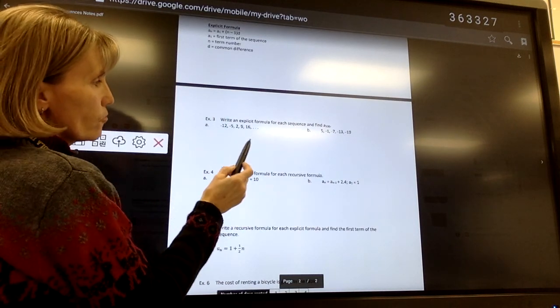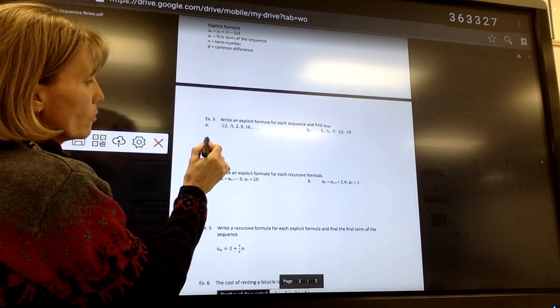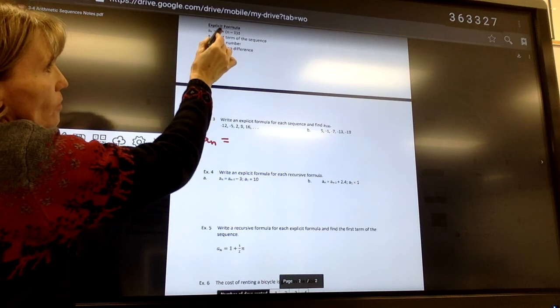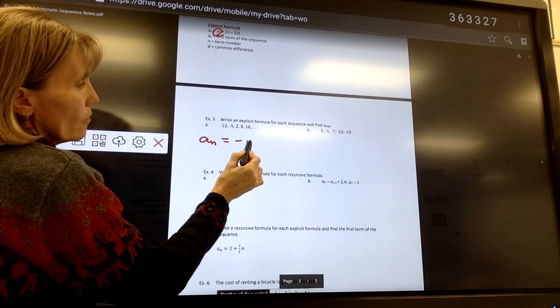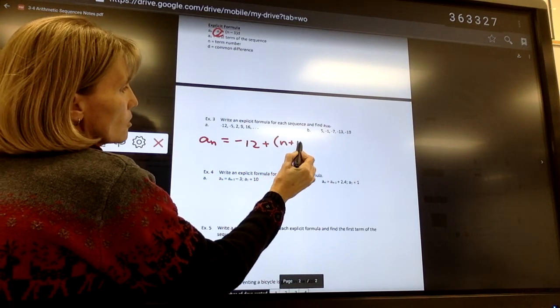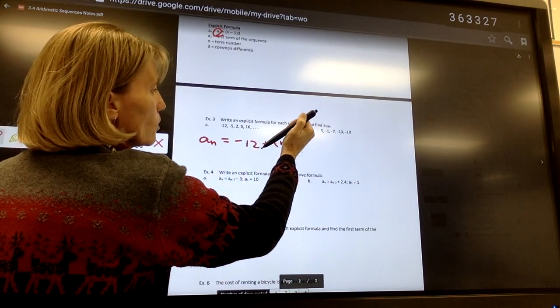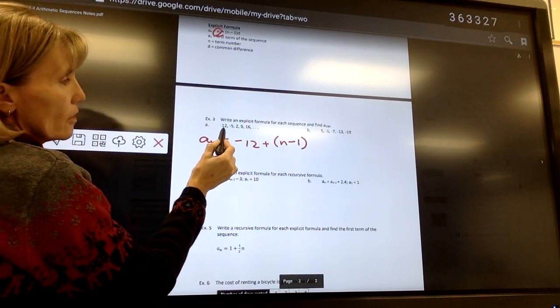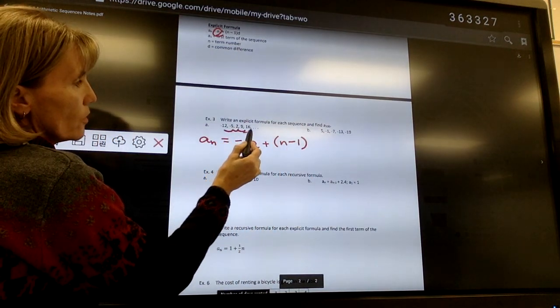To write the explicit formula here, we start out with a sub n equals. We have to have the first number in the sequence first, so that would be a -12 in this case. And then we would say plus n minus 1 is the formula. And then it's times the common difference. You have to look at the sequence and determine what the difference is.